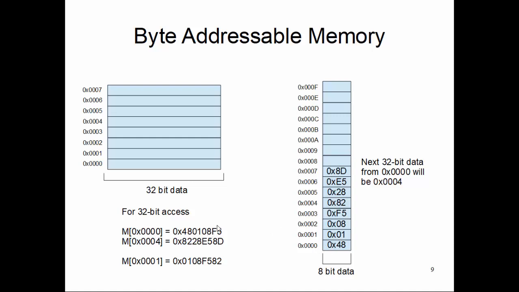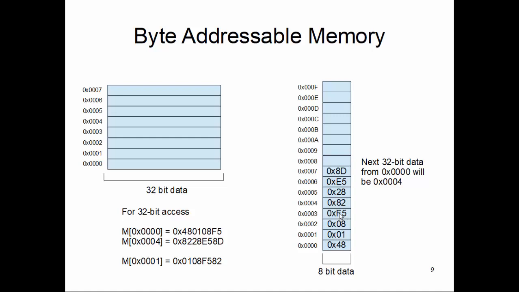In the previous example, on this page 9, our lower address contains the higher byte: 48 is the most significant byte and F5 is the least significant byte. As we go in increasing order of address, we go from most significant byte to least significant byte.